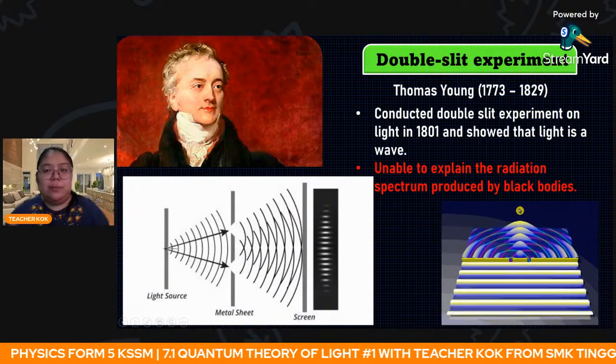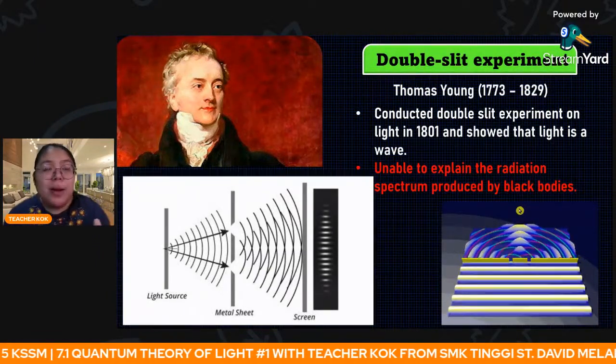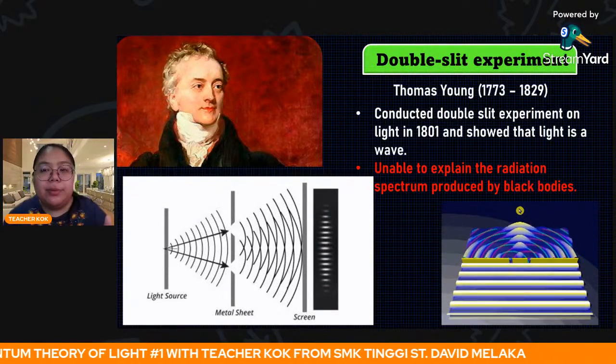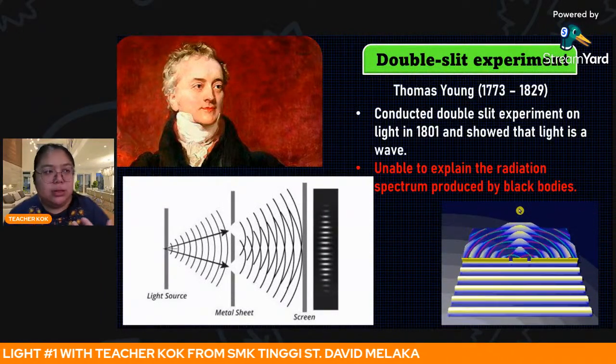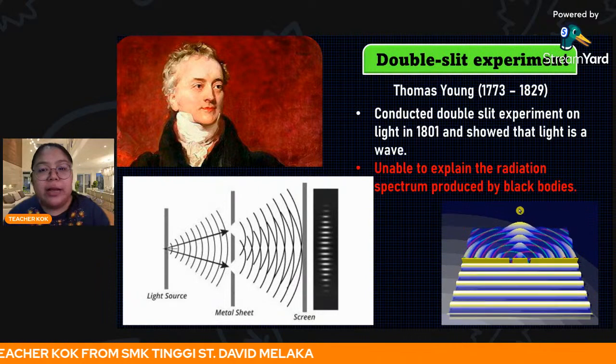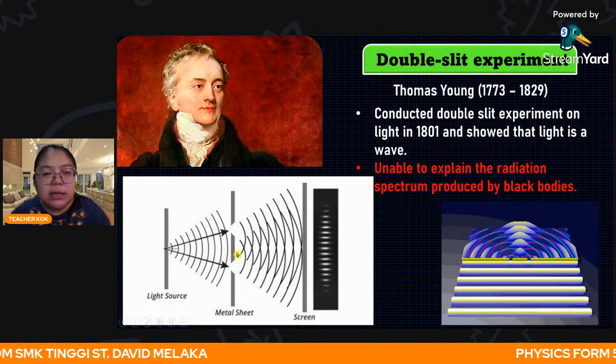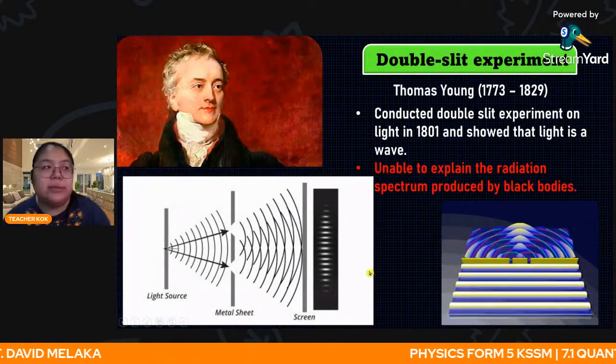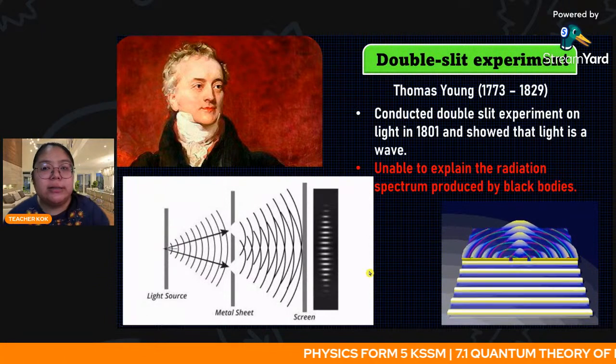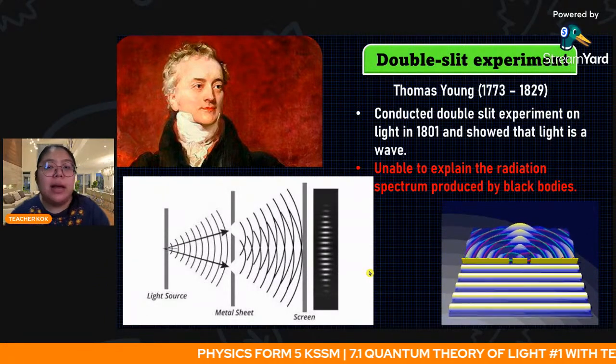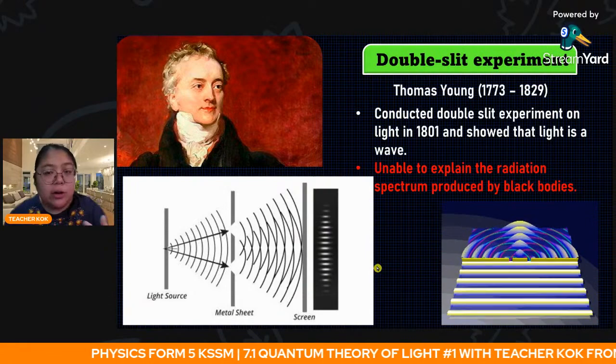The black body is also light, right? But they cannot explain it. They can only say light is a wave. They cannot explain the double slit, single slit. So this is one of the classical problems. Thomas Young could not explain it.